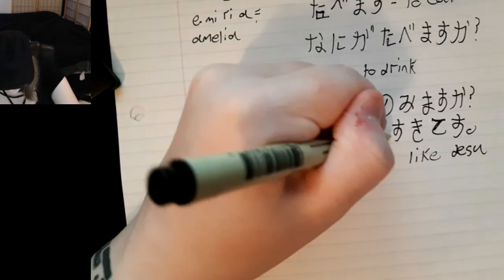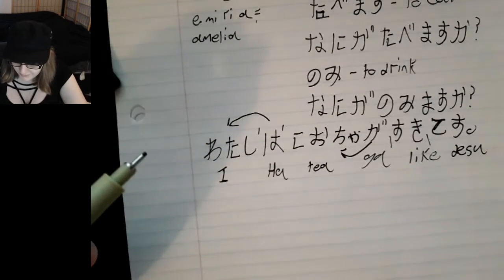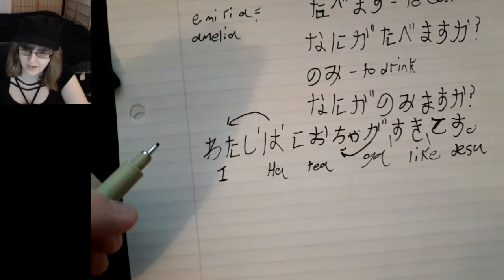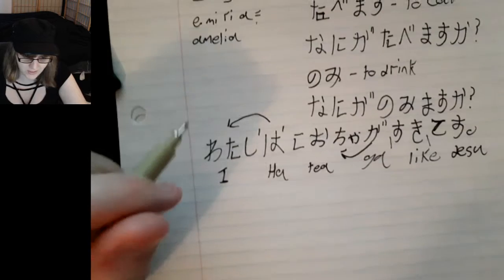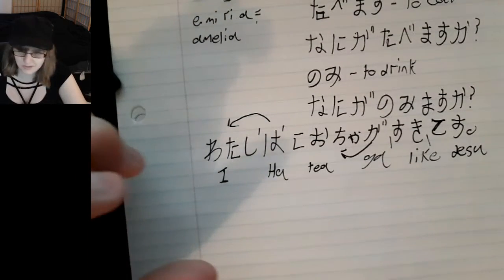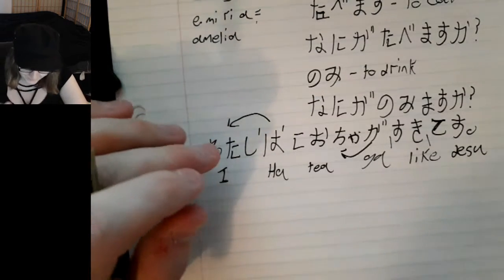Like, in this sense, is actually not a verb. It is a common word. Unlike something like love, which would be aishiteimasu, being deep love, something that you do when you're getting married or something like that.